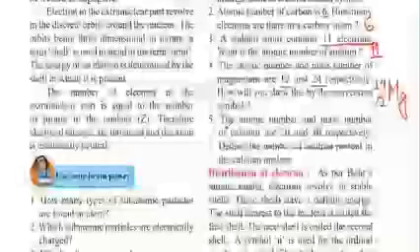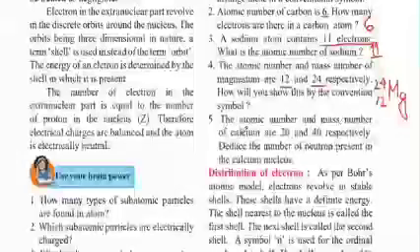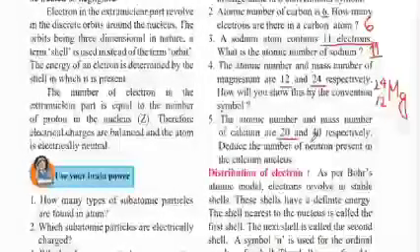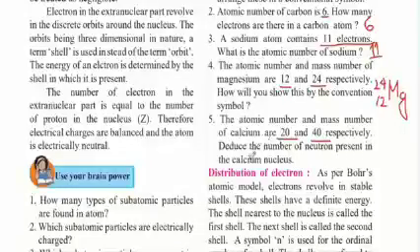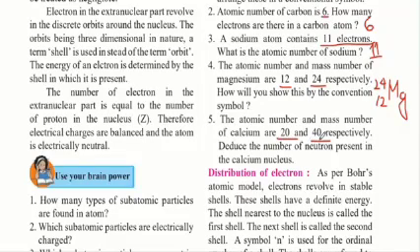The next one is the atomic number and mass number of calcium are 20 and 40 respectively. Deduce the number of neutrons present in the calcium nucleus. So here they are telling us the atomic number is 20 and the mass number is 40. So the mass number is equal to the number of protons and the number of neutrons in the nucleus. So that is 40 would be equal to the number of protons plus the number of neutrons.